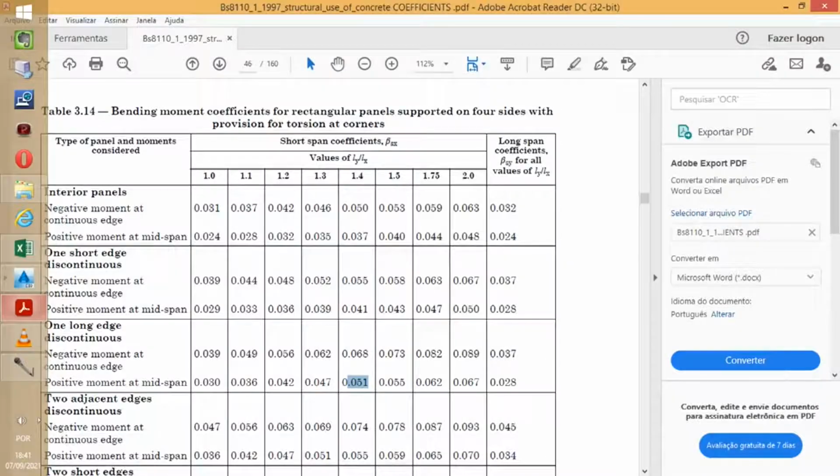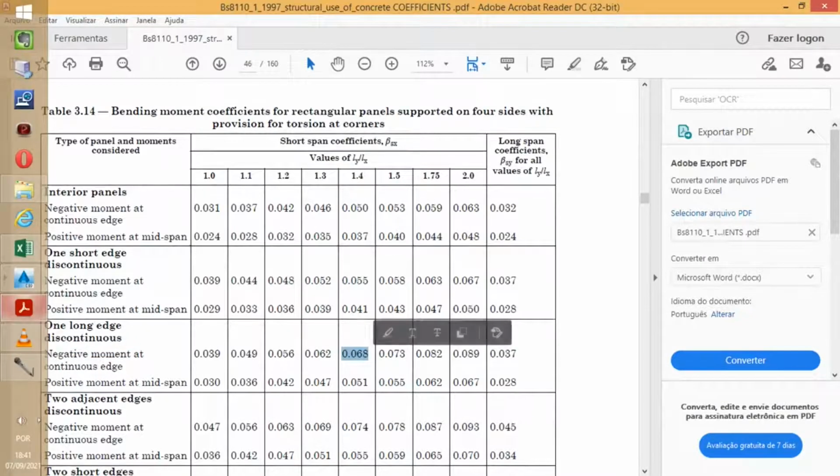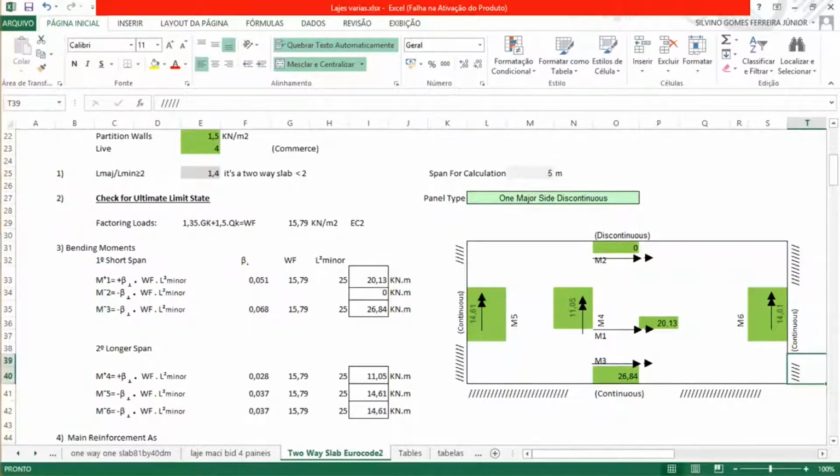Let's go to the table. One long edge, negative moment. The shorter side 0.068. 0.068 multiplied by the factored load, multiplied by the minor span elevated to 2, gives us 26.84. Okay, we place it there. Then we have all the moments for the shorter side.